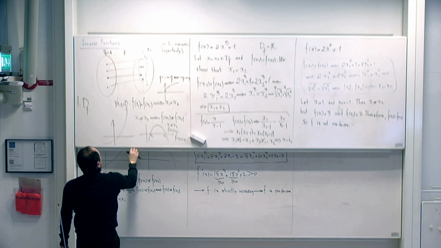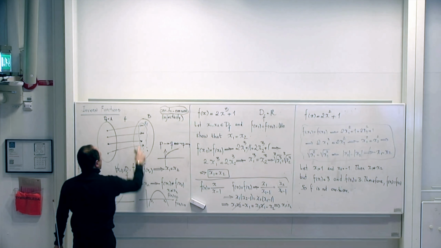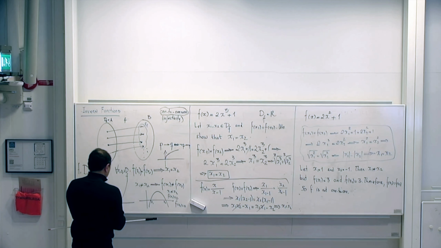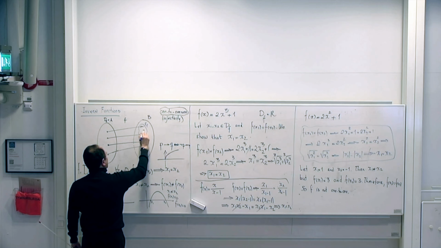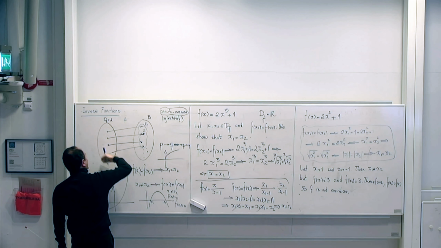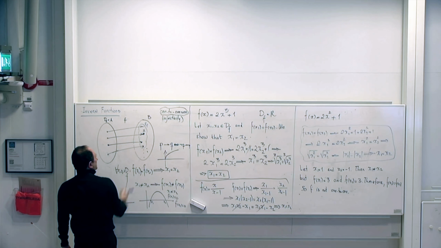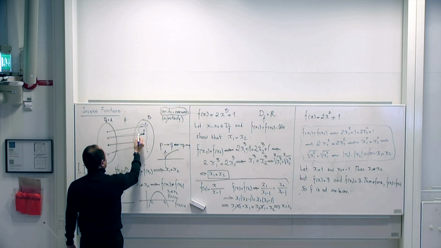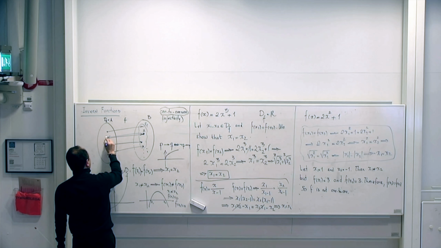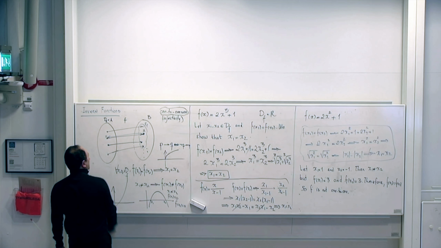If I change the arrow, let me concentrate here. If I give you one particular x, it is very common that we take x from this side, but it doesn't matter, these are just letters. I want to send it back, and it goes to an element here, which I call y.